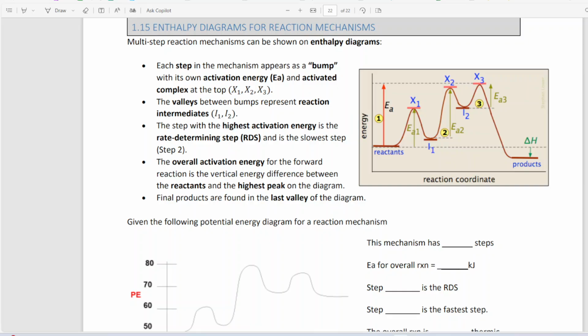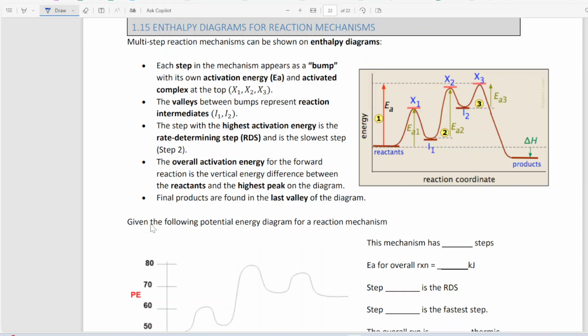But what I want to look at is enthalpy diagrams for reaction mechanisms. So this is a multi-step reaction mechanism shown as an enthalpy diagram. Each step in the mechanism is going to appear as a bump with its own activation energy and activated complex at the top.